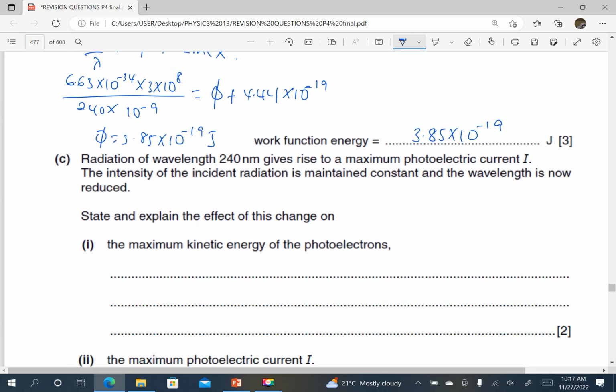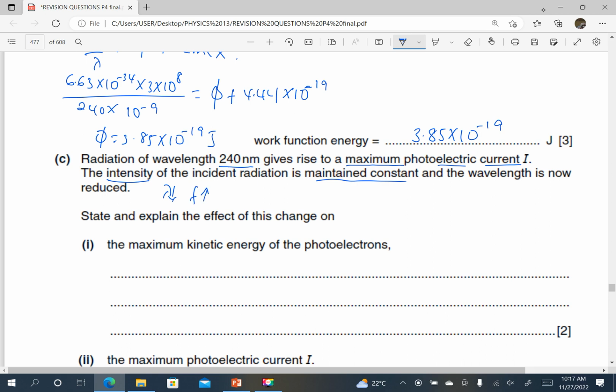Radiation of wavelength 240 nanometers gives rise to a maximum photoelectric current I. The intensity of the incident radiation is maintained constant. It gives maximum photoelectric current. The wavelength is now reduced. Remember, lambda is reduced, it means f is increased.